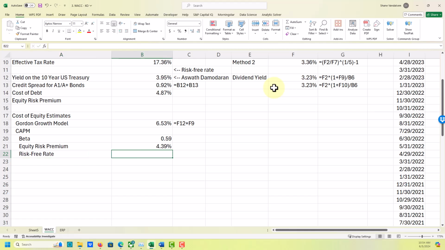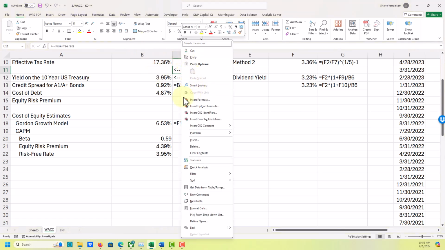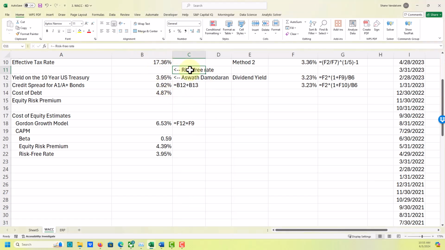Okay. So I'm going to use 4.39%, and then I'm just going to put down here the risk-free rate, and we're going to use for that the yield on the 10-year U.S. Treasury as of the end of 2023. And let me, I added a cell here, so let me go ahead and add another cell.